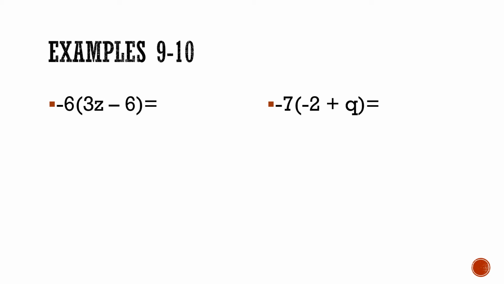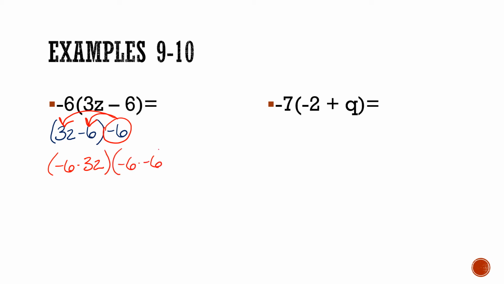Okay, and number 9, we're going to distribute the negative 6. Now remember that negative 6 may be on the back here. So it may look like this. If that happens, we're still just taking that number that's outside the parentheses and distributing it by each term inside. So that's going to be negative 6 times 3z, and then negative 6 times negative 6.